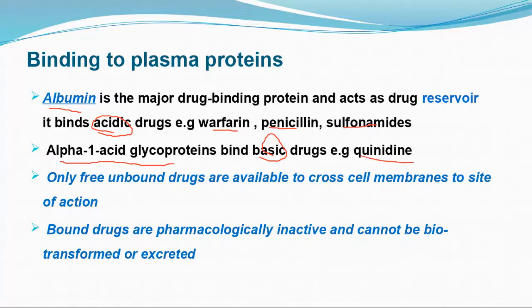زي ما قلنا, only the free unbound form of the drugs are available to cross the membranes to the site of action. بالتالي they are the only form which is pharmacologically active. Bound drugs are pharmacologically inactive and cannot be biotransformed.